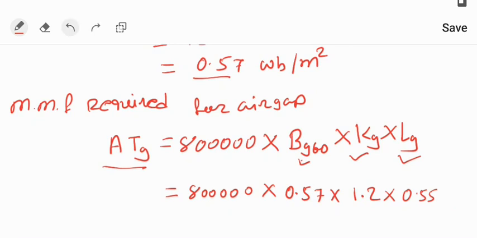In place of 0.55 mm, we write 0.55 into 10 raised to minus 3.